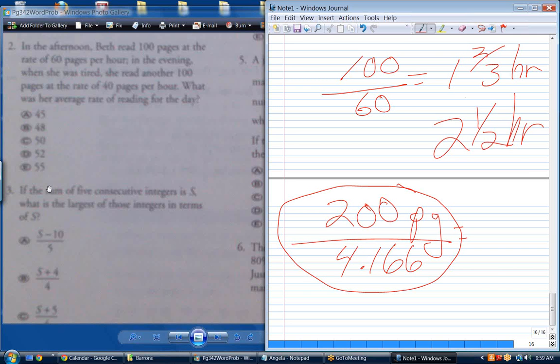I think if I divide 200 by 4.16, I get 48 and change. And we know this number has to be less than 50 because 200 divided by 4 would be 50. So it's going to have to be a number less than 50. You could almost guess 48 and be right.